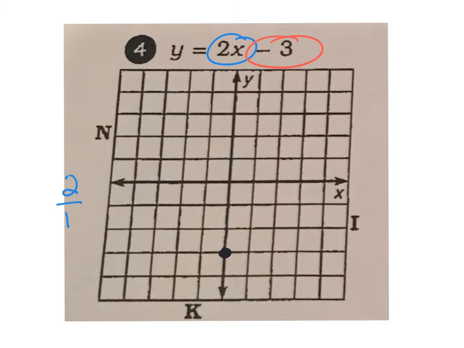And then my movement is up 2, 1, 2, and over 1. So that would be my new point. And you could actually do this a few times, up 2 and over 1, to get your line. And then just make your line, connect your dots, and you will see that it hits K on this problem.